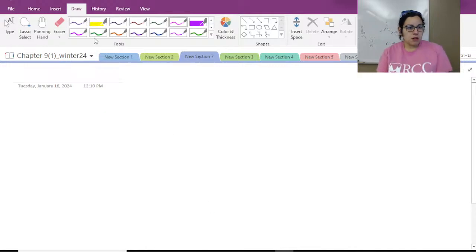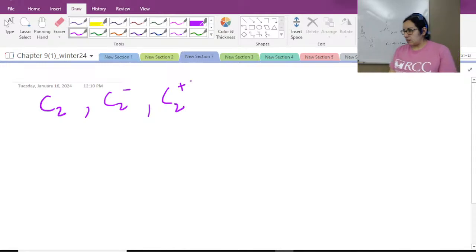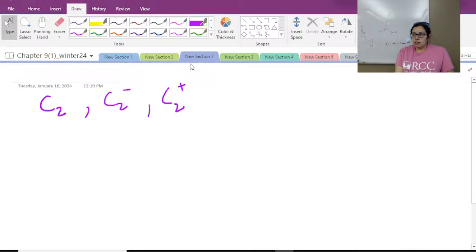So now let's try something else. See if you can come up with the MO diagram for C2, and then we'll compare that to C2 minus and C2 plus. I'll give you a few minutes to at least get started. Maybe start with just C2, and then we'll check in and see how everybody's doing.